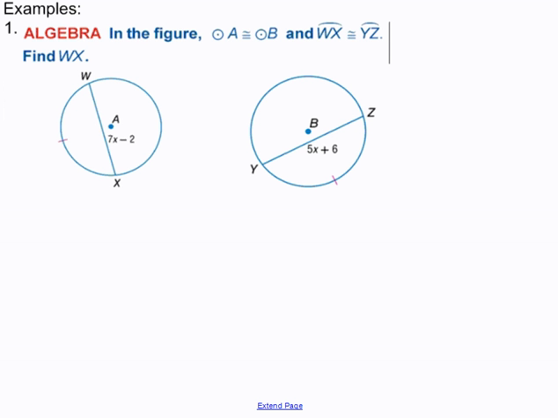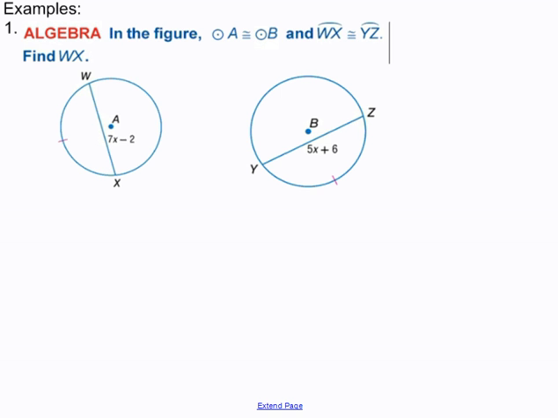So when we're doing stuff like this, we're going to be setting a lot of things equal because we're talking about congruent stuff. In this figure, it says that circle A is congruent to circle B, and WX is congruent to YZ.